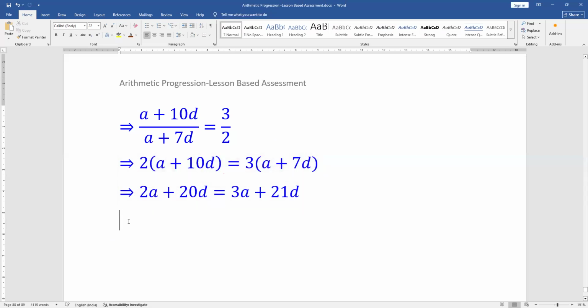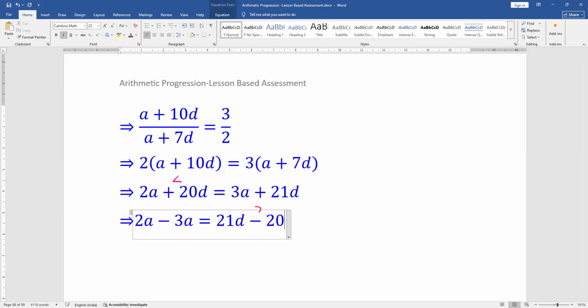In my next step, I move all the A terms to the left hand side and all the D terms to the right hand side. So 2A minus 3A equals, on my right hand side, 21D minus 20D.